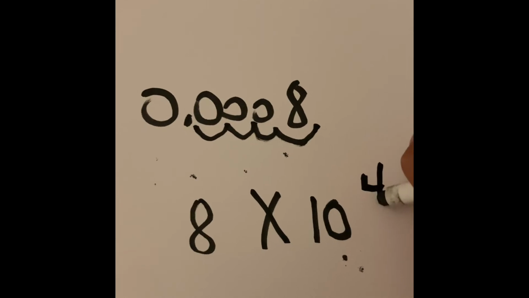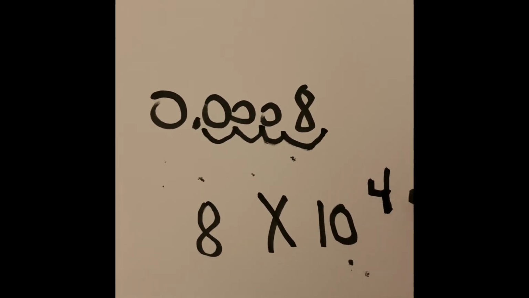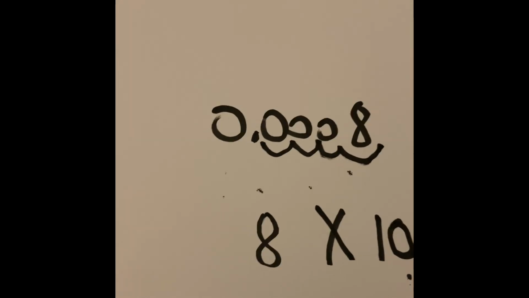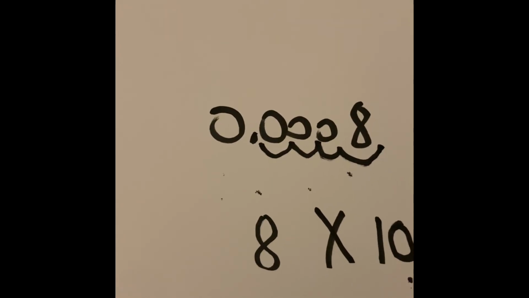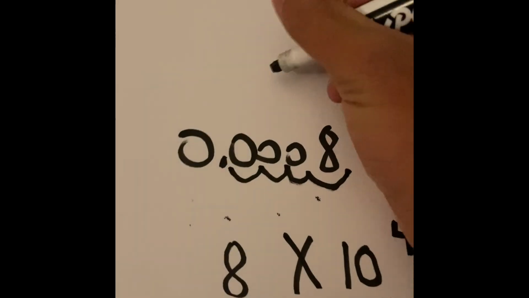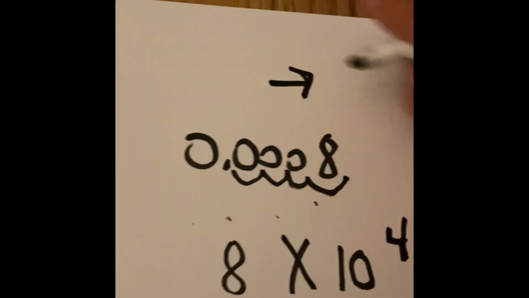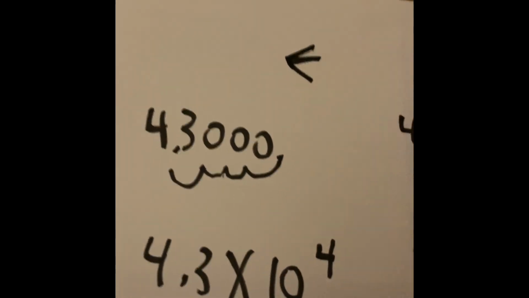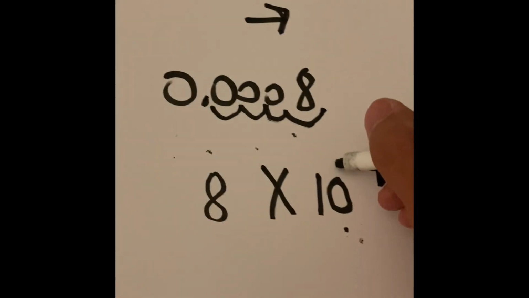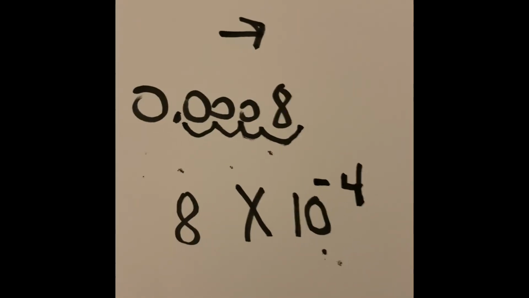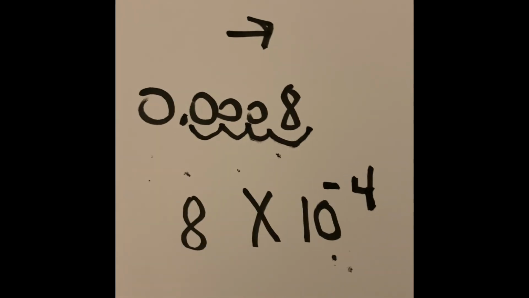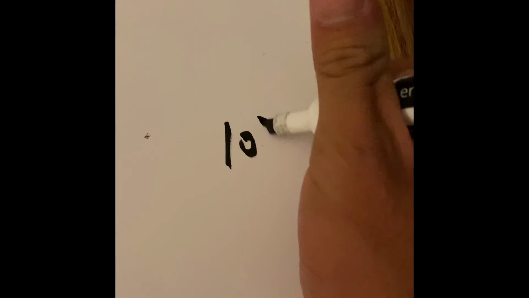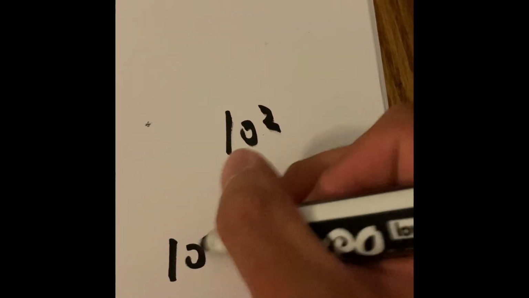But hang on, it's a super tiny number. So in that case, since we jumped to the right, we jumped this way instead of jumping left with the super big number out this way, that means we're going to have to make it a negative. But wait, why a negative exponent? Here's an example. I write 10 to the power of 2. That is 100.